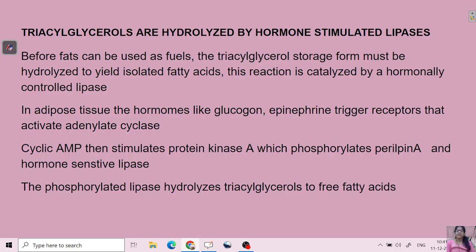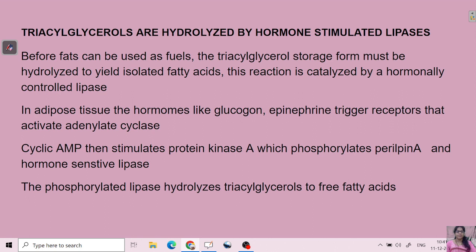I told you triacylglycerols are hydrolyzed by hormone stimulated lipase. Lipase is the one which will break the glycerol molecule from the free fatty acids for them to enter the bloodstream, right? For that to happen, there is a mechanism where cyclic AMP gets activated. There are some hormones like glucagon and epinephrine which would trigger the receptors of adenylate cyclase.